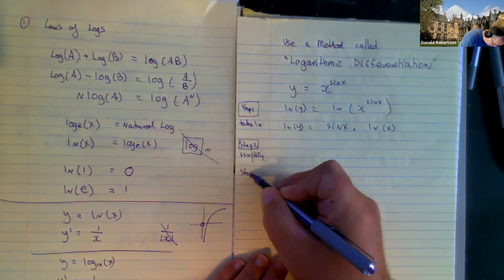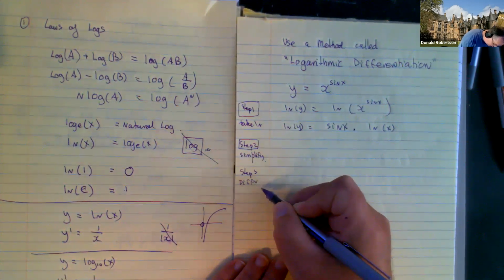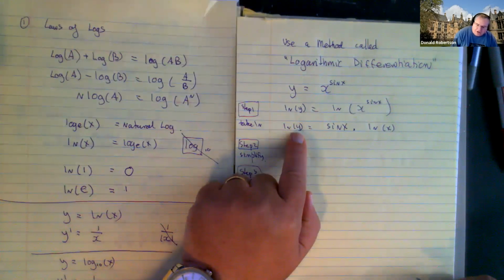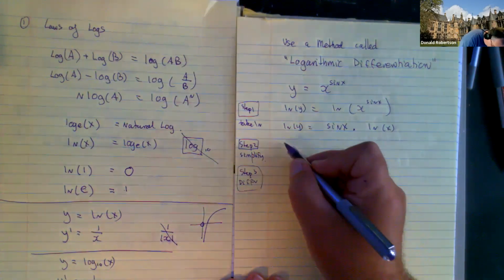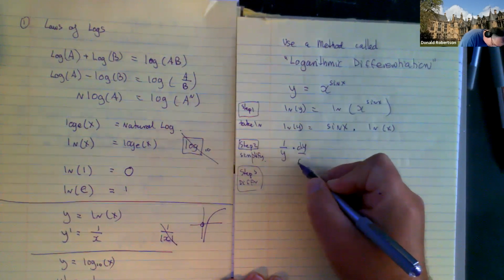And then step three, differentiate. And you might say, well, how am I going to do that? We are going to differentiate using implicit differentiation. Well, let's see how this works. If you differentiate the natural log of y, don't you get 1 over y times dy by dx?